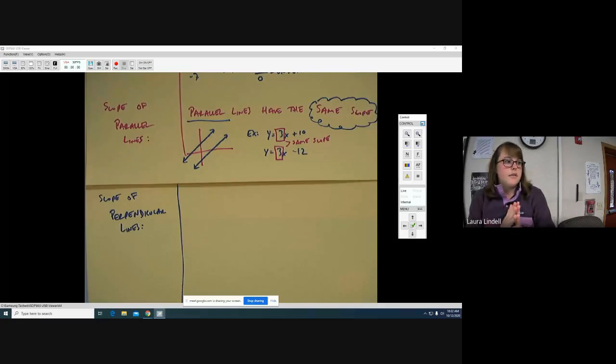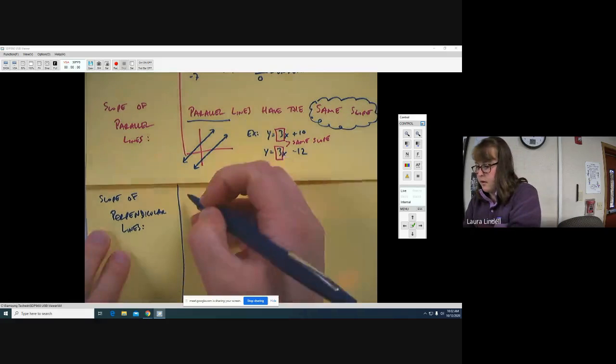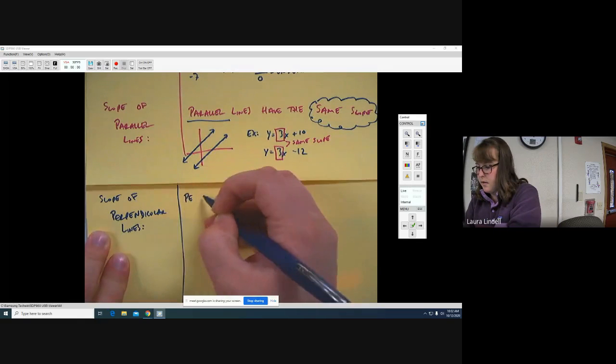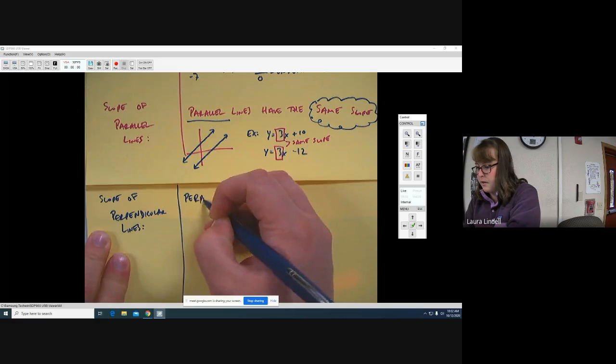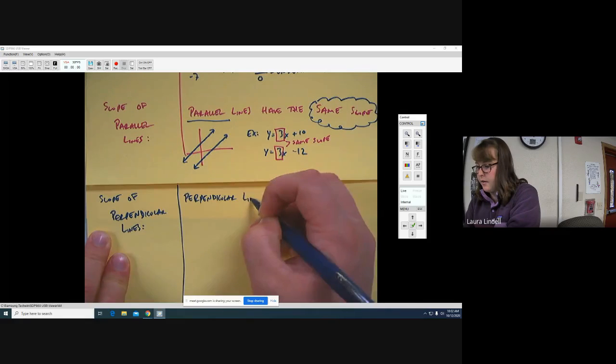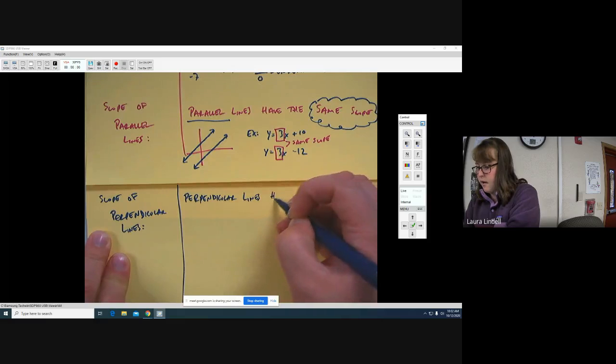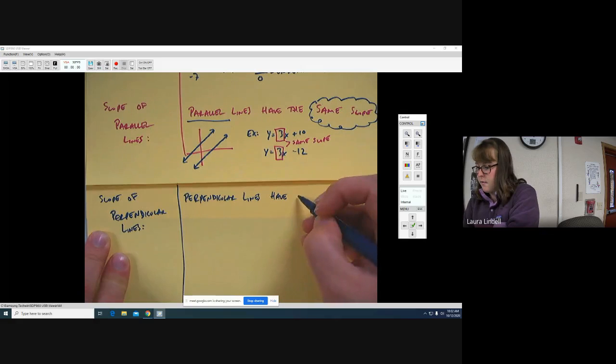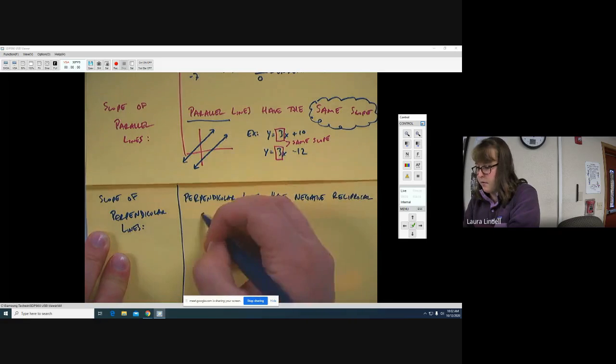All right, slope of perpendicular lines. The rule here is that perpendicular lines have negative reciprocal slopes.